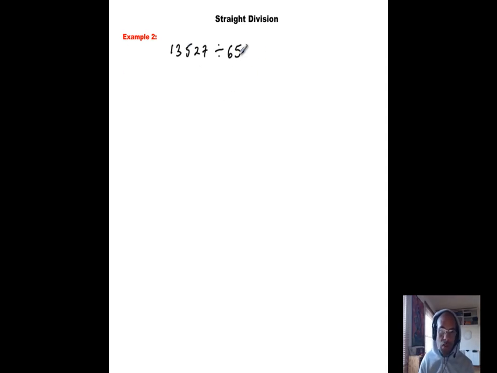So let's see how many gold coins they get, and what fraction of a gold coin they get as well. Okay, so we're going to do decimals now as well. We'll find out how many whole coins each person gets, and how many fractions of a gold coin they'll get.